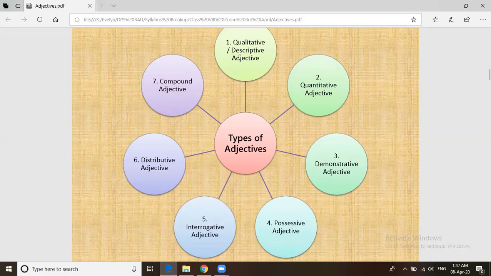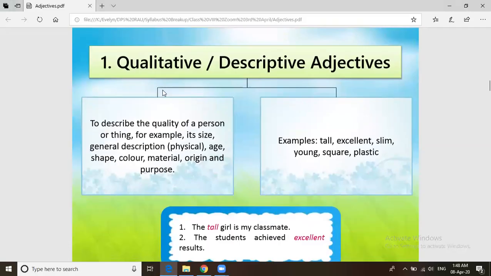The word clever is a qualitative or descriptive adjective. Then the quantitative adjective tells you the quantity of the noun. The demonstrative tells you which one. Then the possessive, interrogative, distributive, and compound adjective. So these are the different kinds of adjectives. You do not have to be overwhelmed, because now we are going to study all these in detail, right?